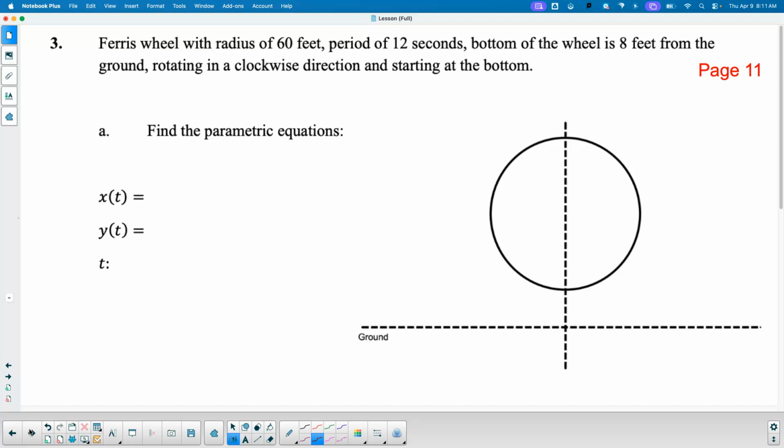First off, let's find the parametric equations. So I am 8 feet off the ground. Then I have a radius of 60 feet.